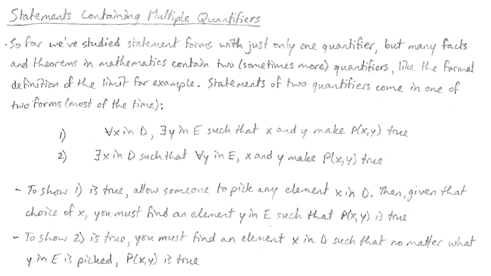So far we've looked at statements when quantifiers are thrown in. We've looked at statements that only contain one. But there are many facts and many theorems and many definitions in mathematics that contain two and perhaps sometimes even more quantifiers.